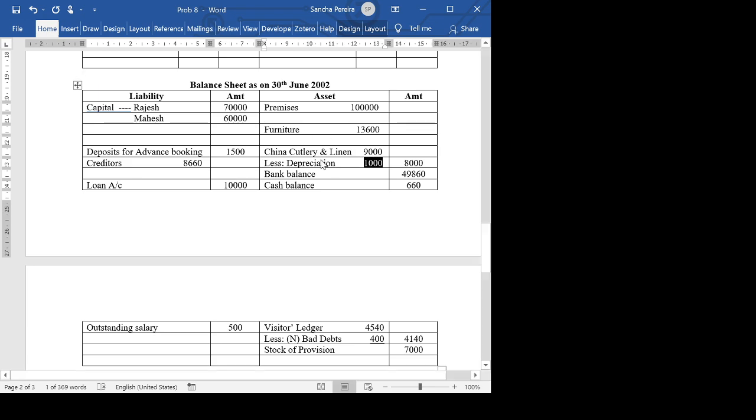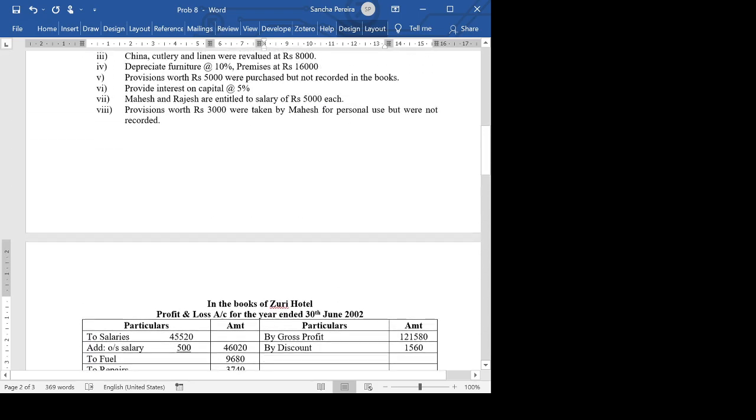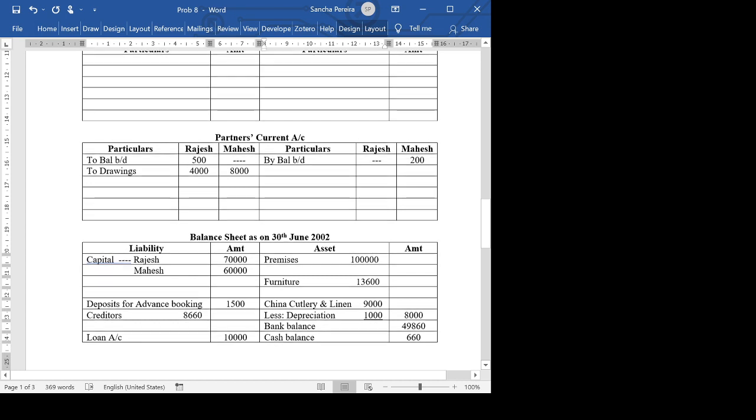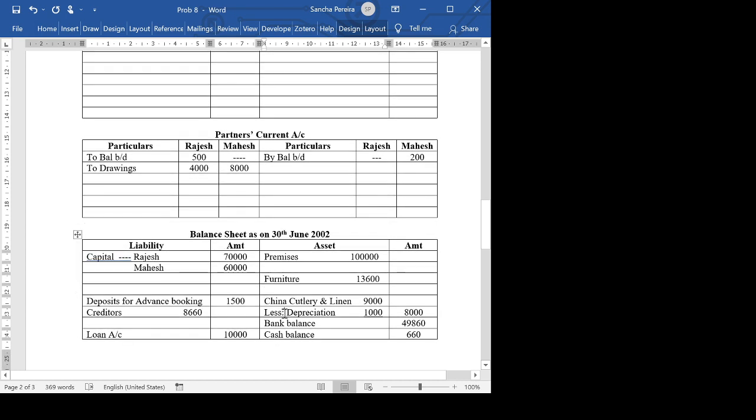Okay, we'll transfer all the depreciation together. I'll write off furniture and premises as well. Furniture is 10%, premises is 16,000. So outside we have 84,000 and this is 10%.